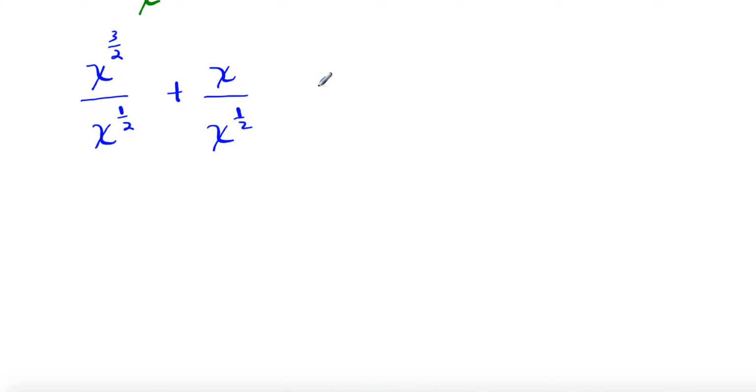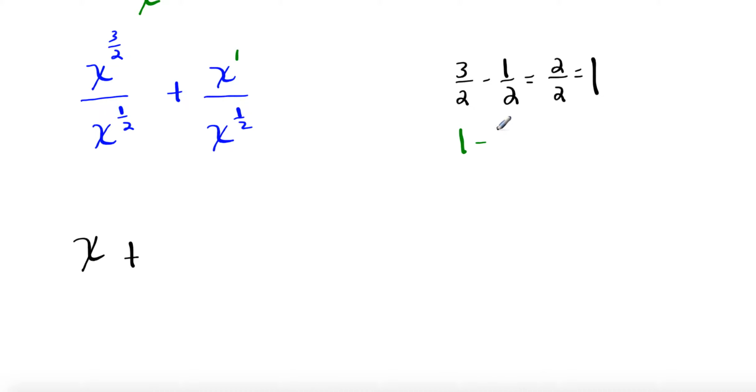All right, so our first term, this would be x to the 3/2. I'm going to do that in the margin. Minus 1/2 is 2/2, which is just 1, so we'll just leave it as x, plus my second piece, x to the 1st, so we'll do 1 minus 1/2, which is 1/2.